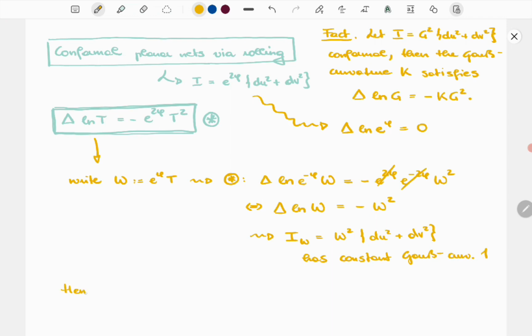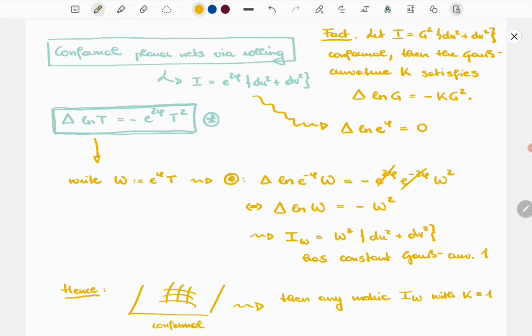So in summary, we have learned that if we start with a conformal map in the plane, then any metric I_w with constant Gaussian curvature 1 yields a solution t, defined as w e^(-phi), of the equation star.